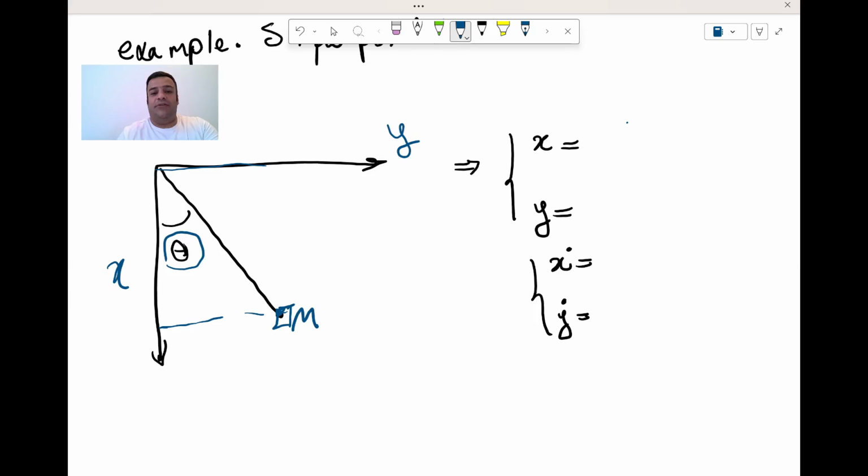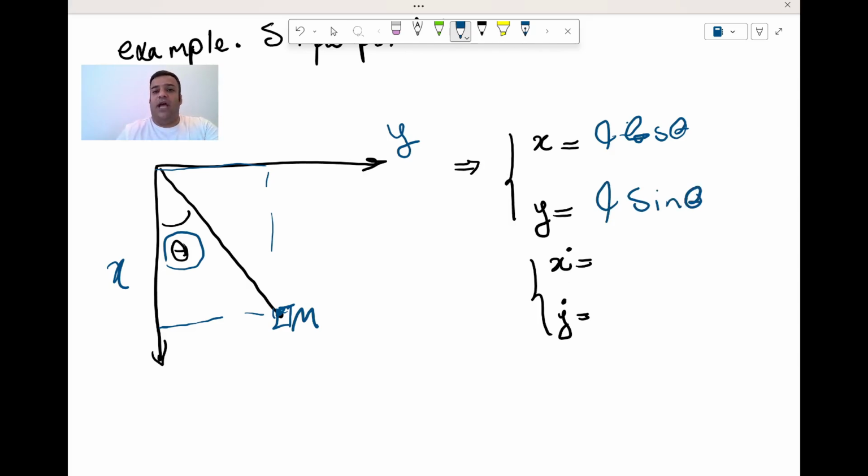first, if you calculate this y by trigonometric ratios, it is L cosine theta, and the x is L sine theta.